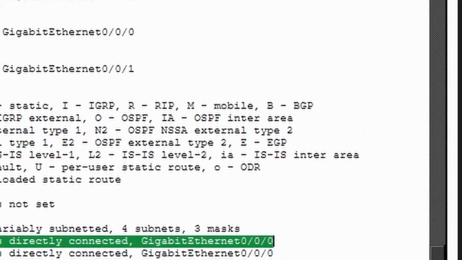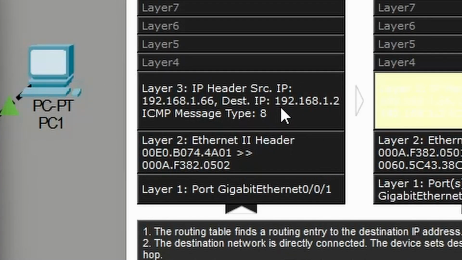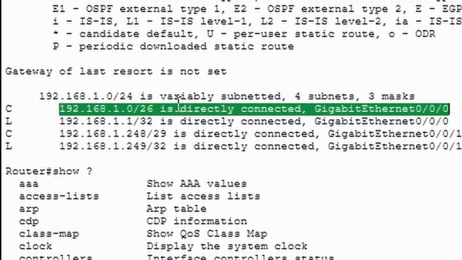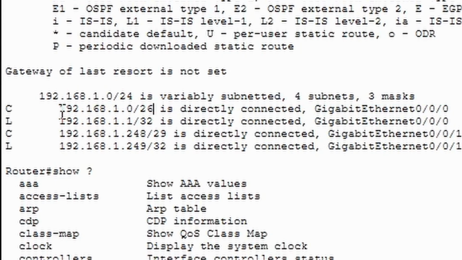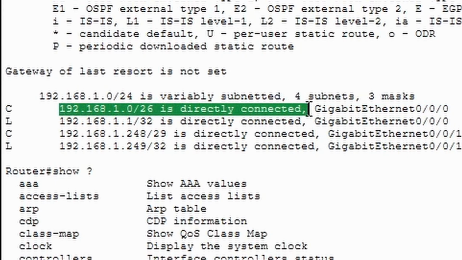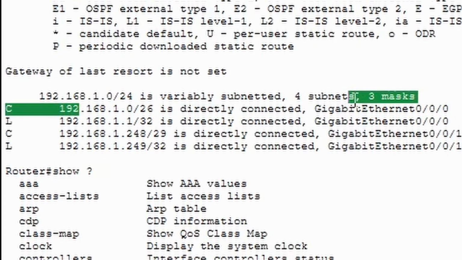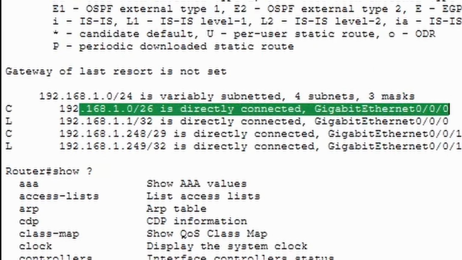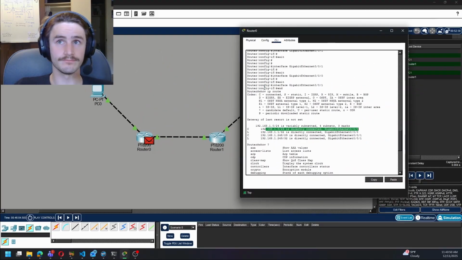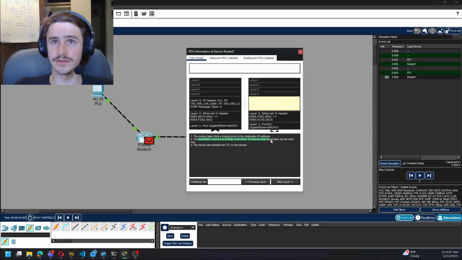So it looks at that destination IP address 192.168.1.2 and says, okay, is that IP address in this network? Yes, it is. Now, where do I need to go? Well, it's directly connected. I can just send it to this network directly connected on this gigabit Ethernet port. So the device sets the destination itself, 192.168.1.2, as the next hop.